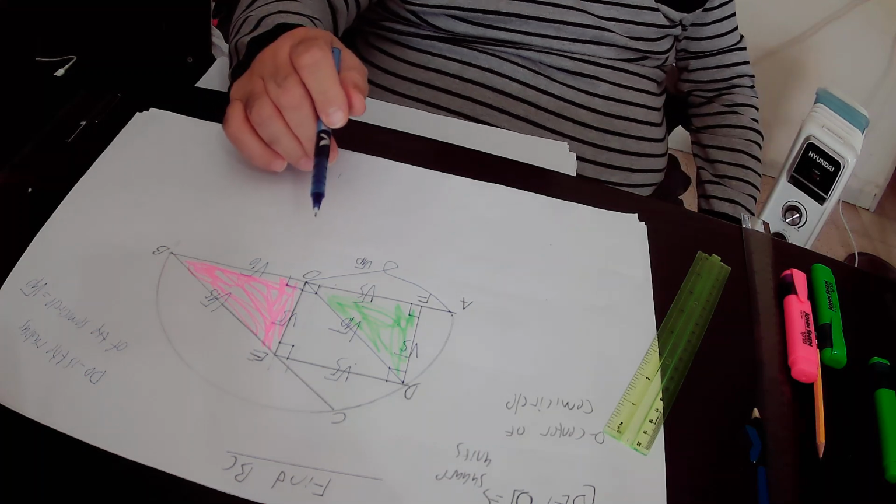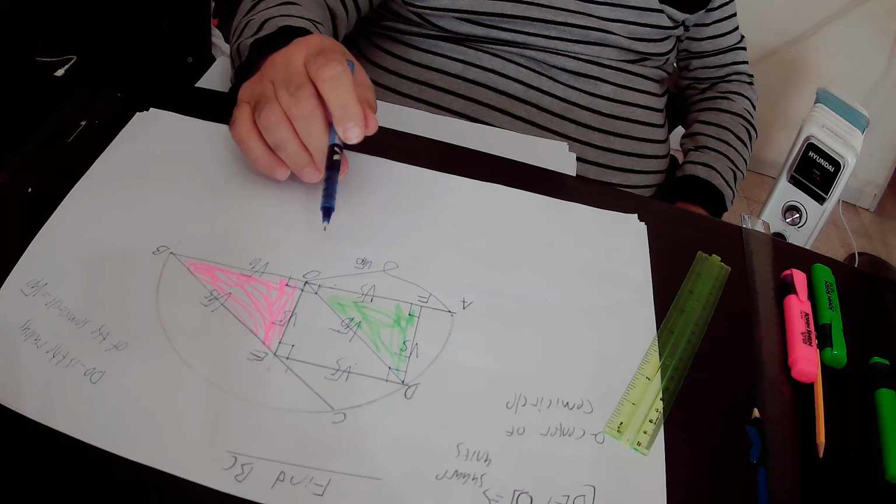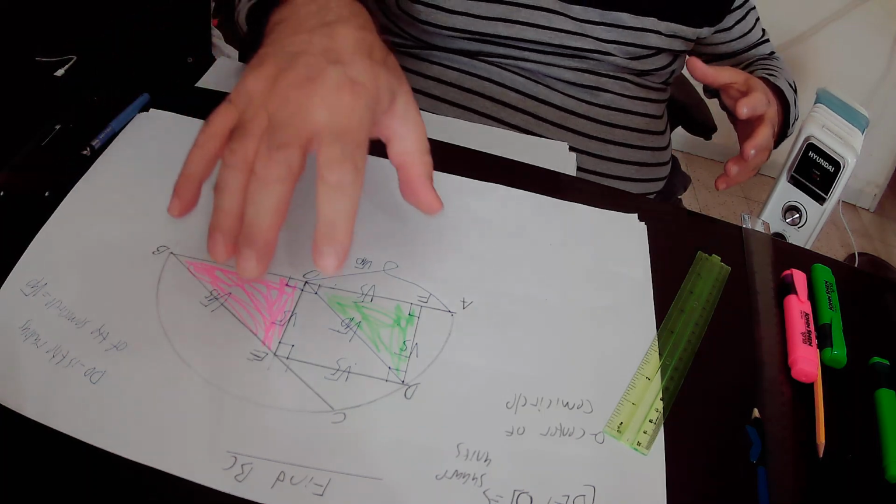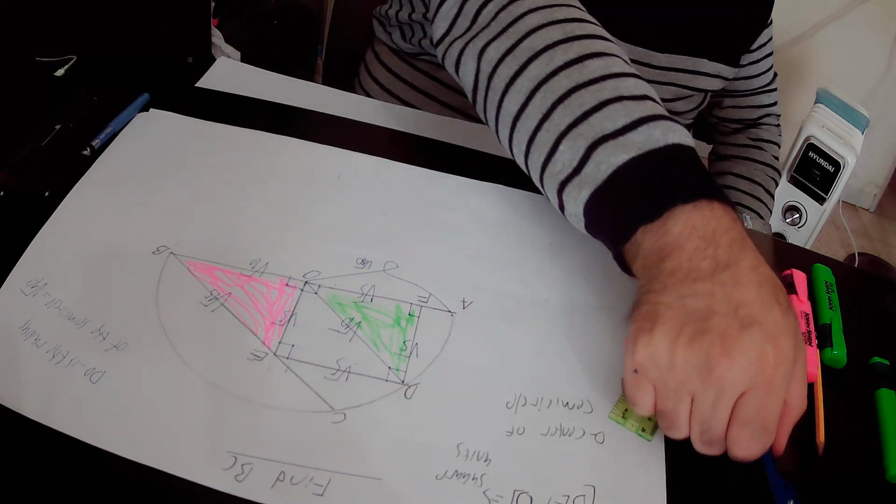In order to find the length of line segment CE, we will make a construction. First of all, we will complete this semicircle to a circle.